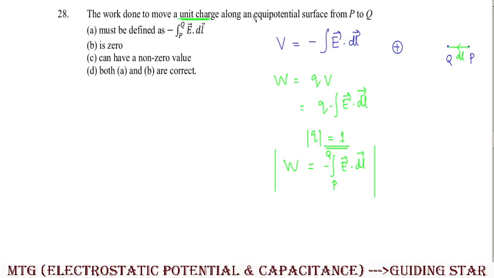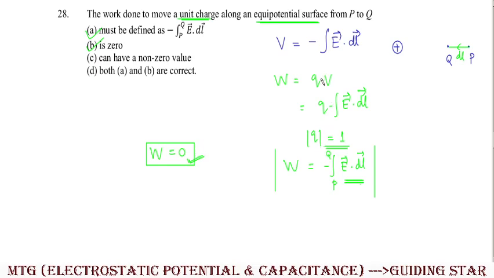But here it is an equipotential surface. We know that for an equipotential surface, work done in moving a charge over an equipotential surface is 0. So these two options will be correct. This is the result of that particular case.